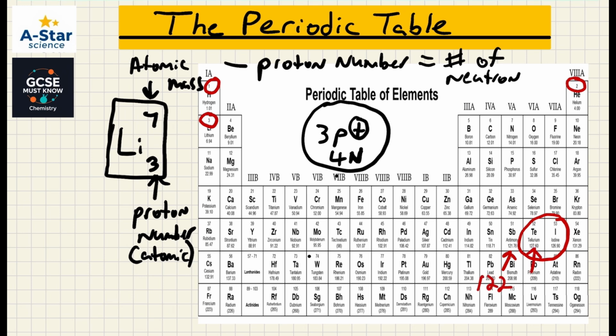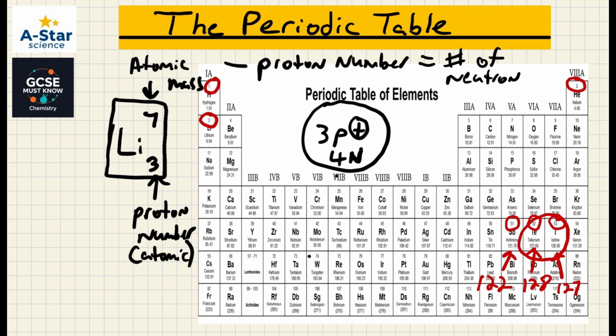For tellurium, it's 128. But this drops back down for iodine to 127. This shows that the atomic number is more important in the modern periodic table, which goes from 51 for antimony to 52 to 53.